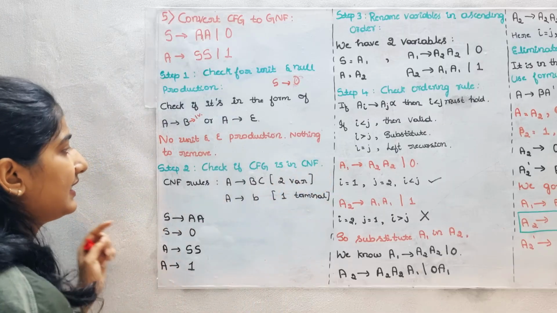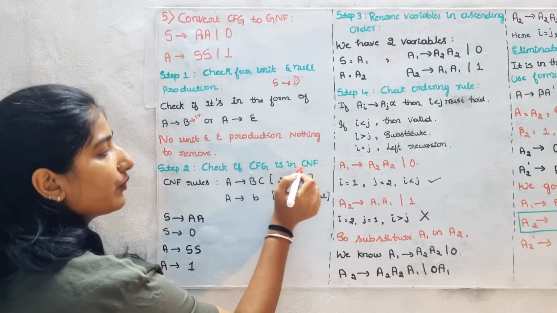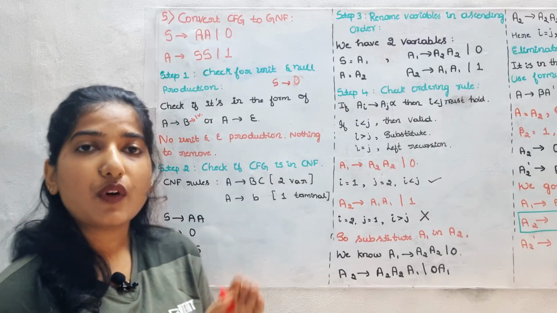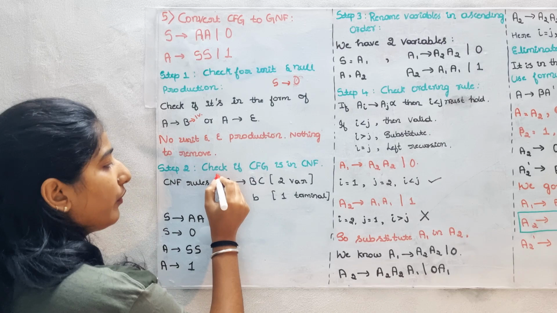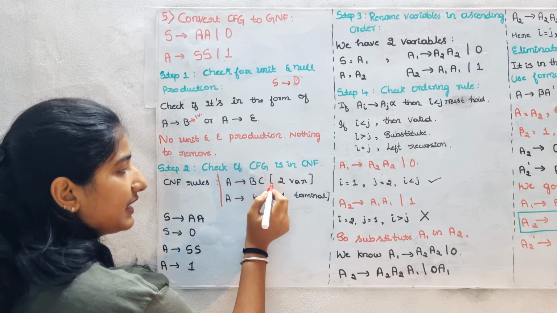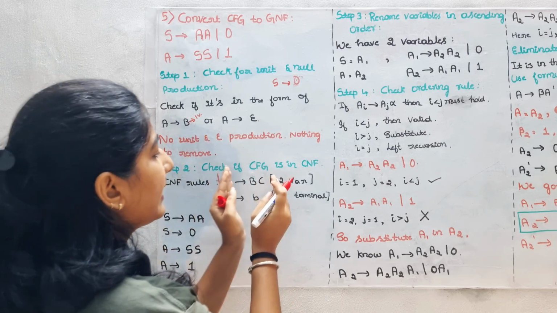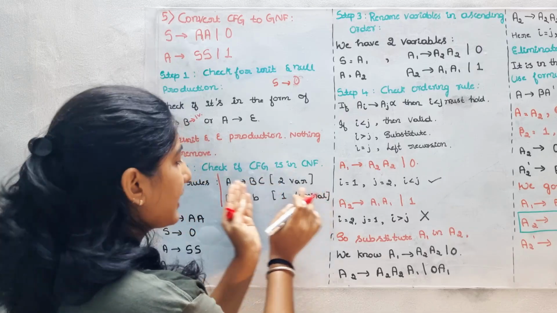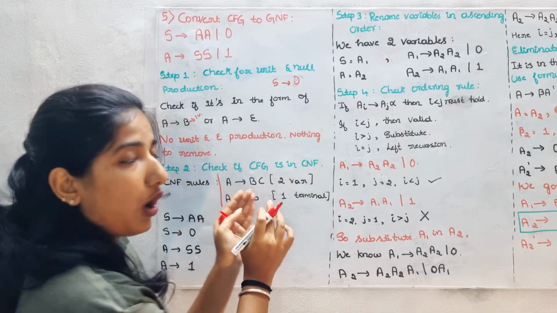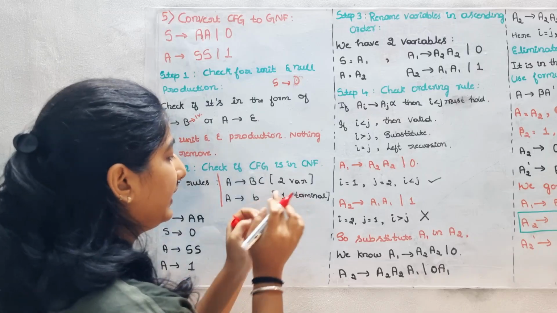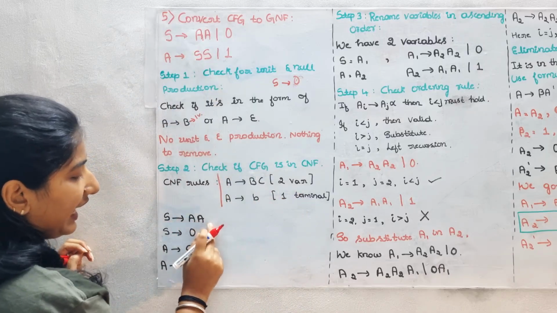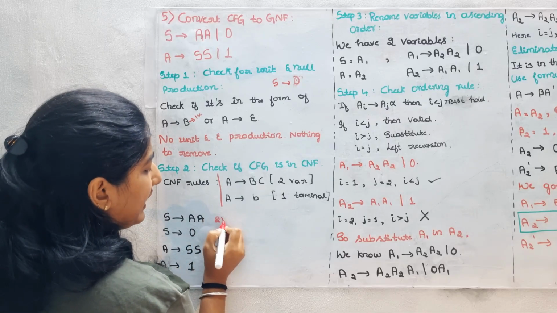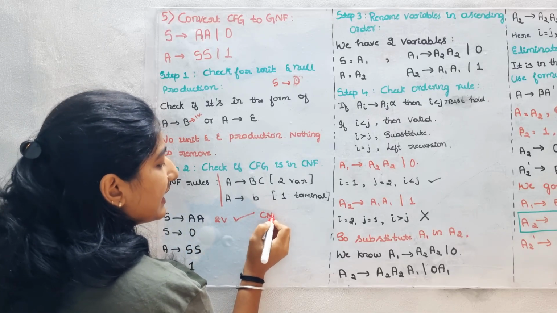And then in the second step, check if the CFG is in CNF. So what is the rule of CNF? CNF means it should be in the form of A derives BC, which means on the right hand side there should be two variables, or on the RHS there can be one terminal. So check, we have S derives AA, two variables, so this is valid CNF.